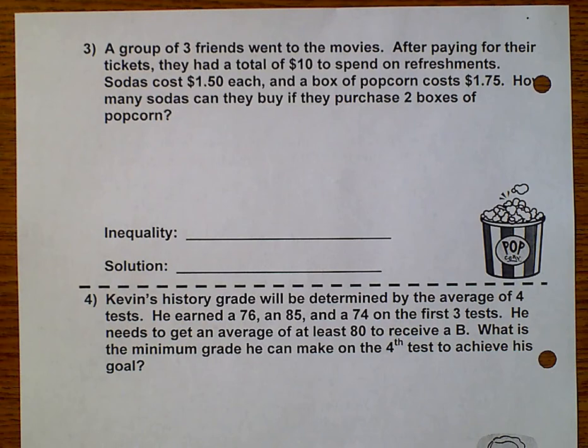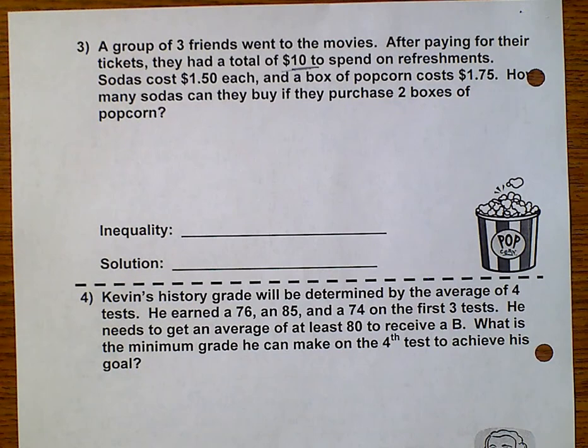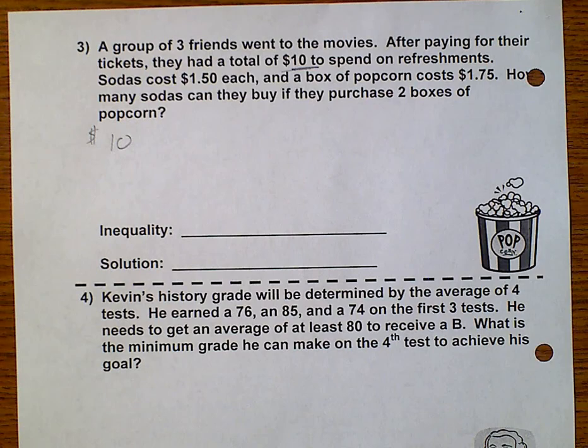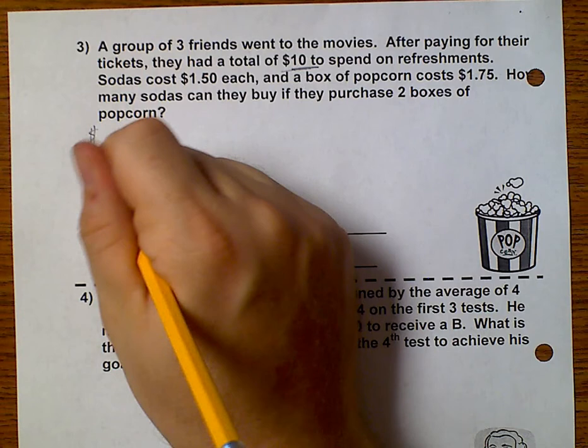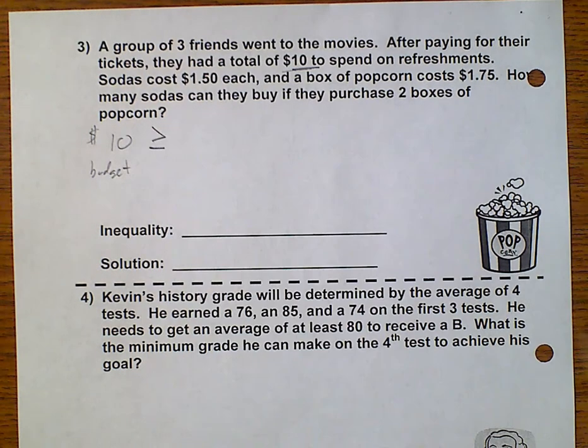Here we're talking about a group of 3 friends that go to the movies. They pay for the tickets, and they have $10 to spend on refreshments. And that's how much they have, so that's their budget. And we know that budgets have to be bigger than how much we spend.